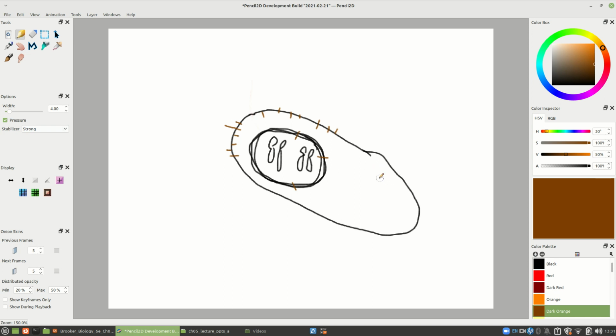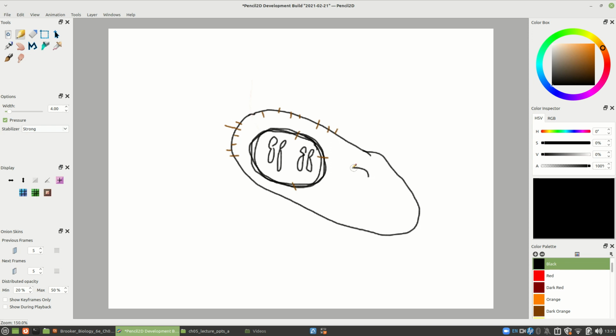Now there might be other organelles, all right, and maybe this is a peroxisome. I'll draw a peroxisome like this, just to make it look different from anything else. So kind of stripes.